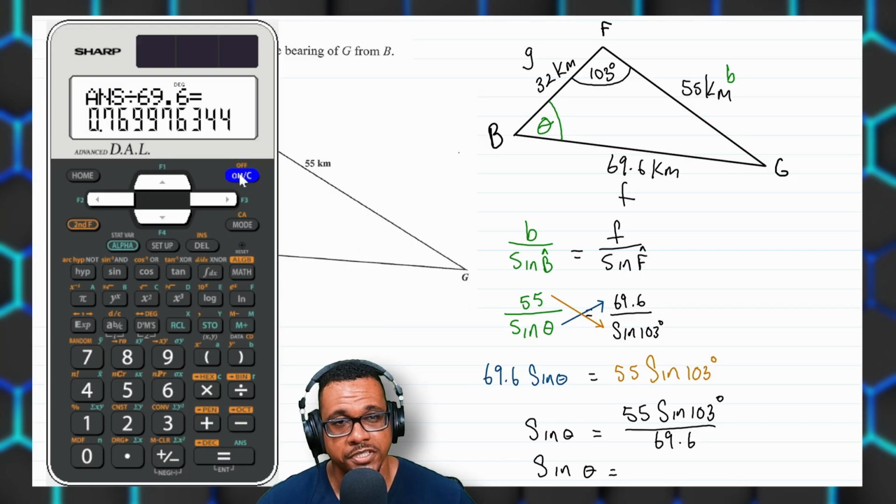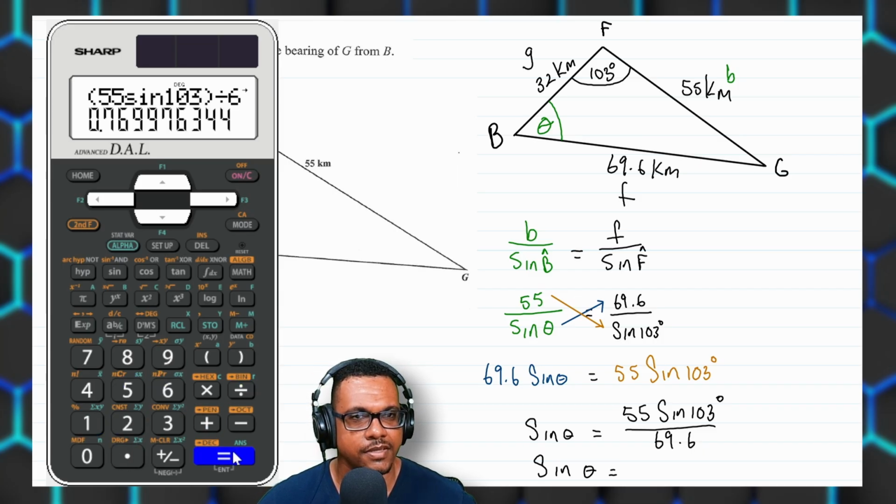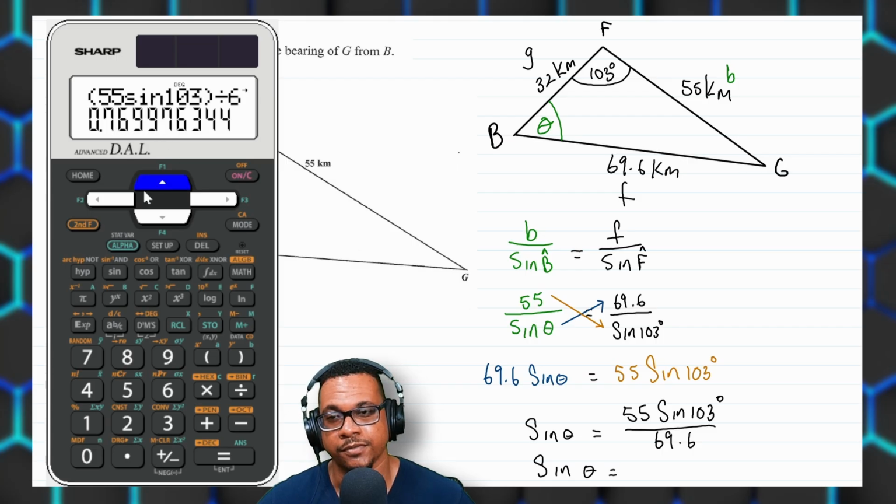Or if you want to do it in one shot, we could put open brackets 55 sine 103, close brackets, and then put divided by 69.6. I can see we still get that 0.76999, and so on.